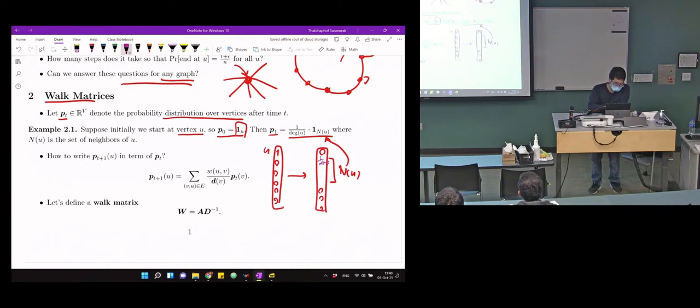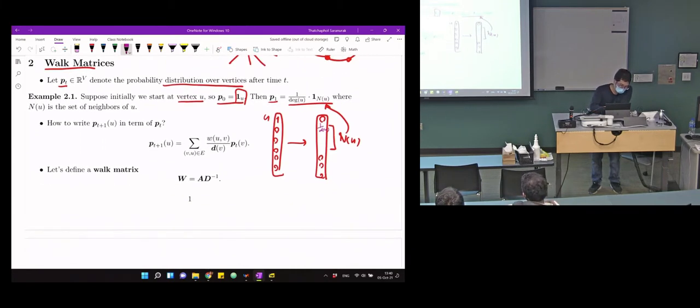And if we want to write down p_{t+1} of vertex u in terms of p_t, we can write it like this, right?